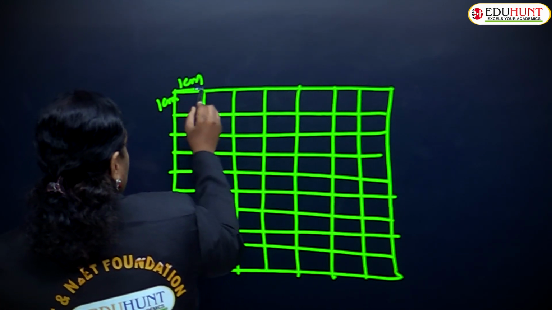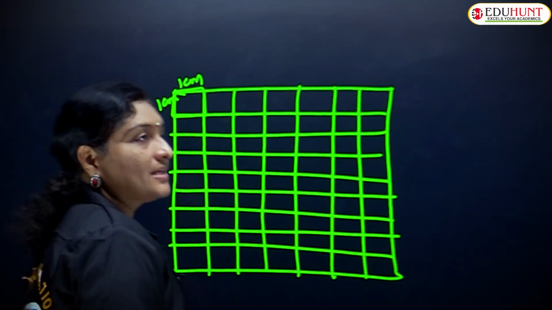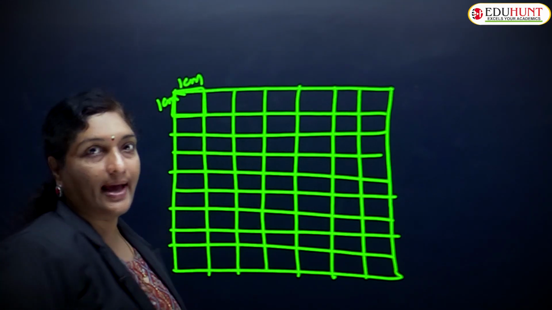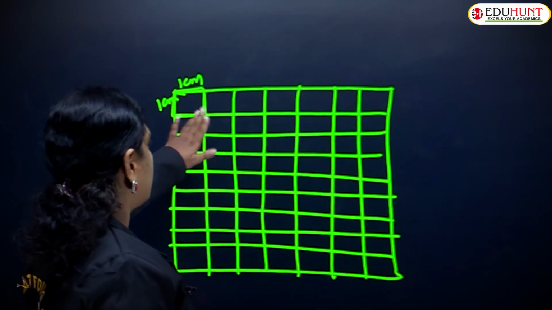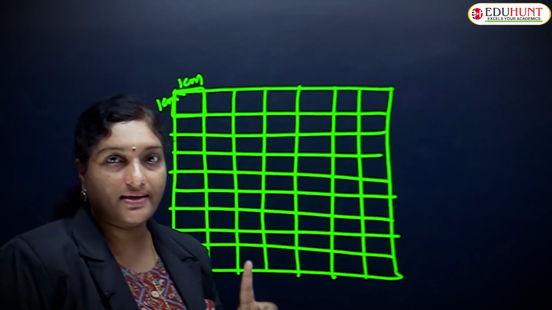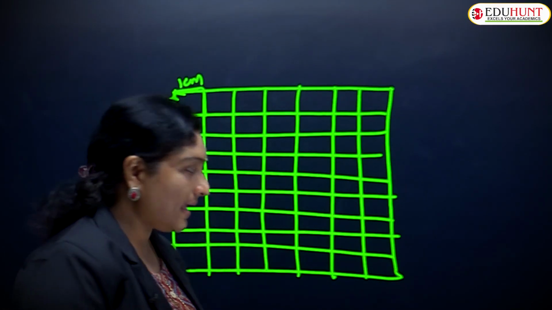So it is a square-like structure, each consisting of 1 centimeter, inside which you have 9 lines, totally 10 parts. So it is divided into millimeters again. Each 1 centimeter consists of 10 millimeters.